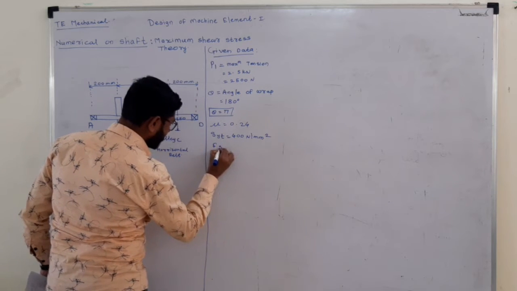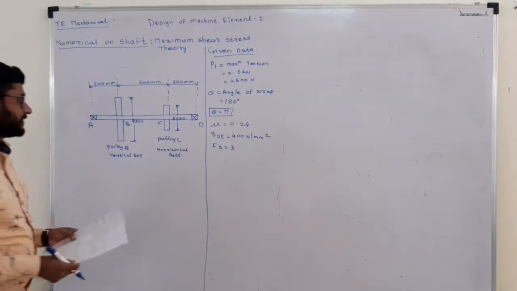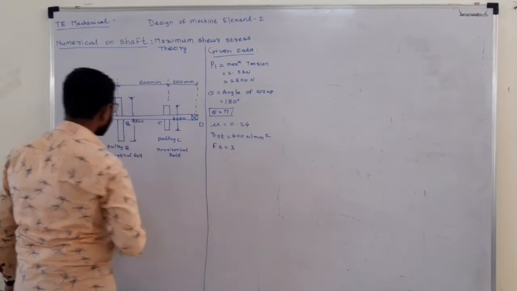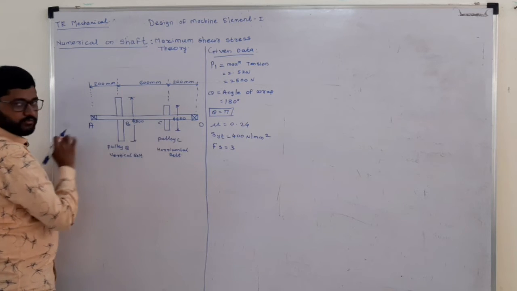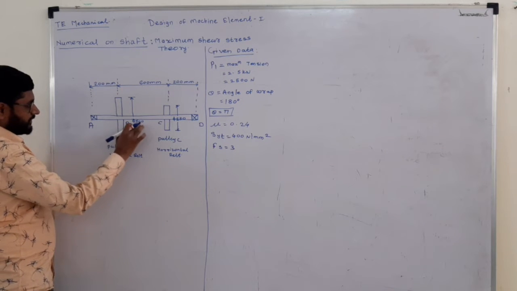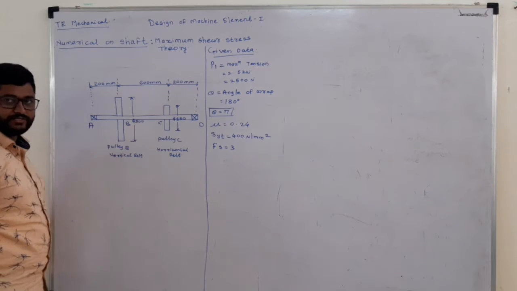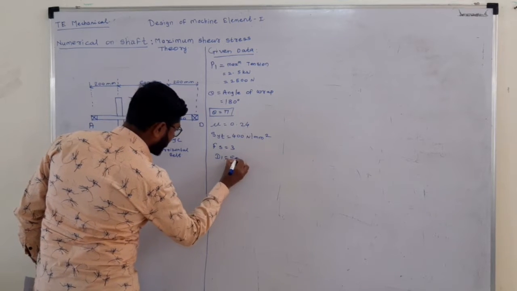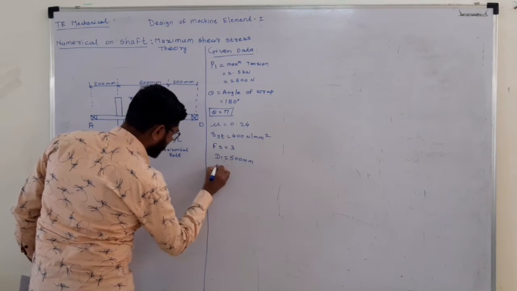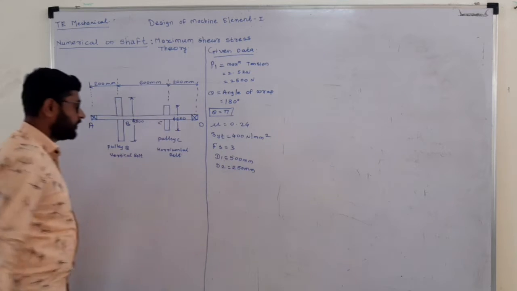Then the factor of safety is given as equal to 3. Then, the diameters of the pulleys are given. For pulley B, the diameter is 500, and for pulley C, 250. Means D1 equal to 500 mm and D2 equal to 250 mm.